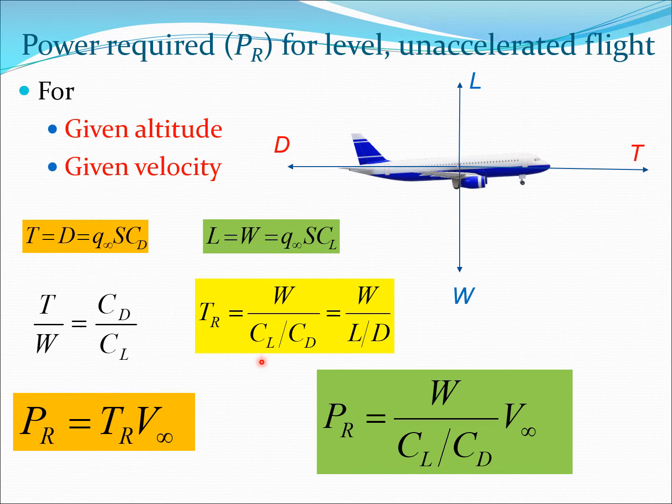Now to get the equation for power, I can use the fact that power equals thrust into velocity. So I can write PR equals TR into V infinity, and therefore I immediately get PR is W by CL by CD into V infinity. All I have done is take TR from the equation given in this yellow box and put it into the power required equation to obtain this equation for power required.